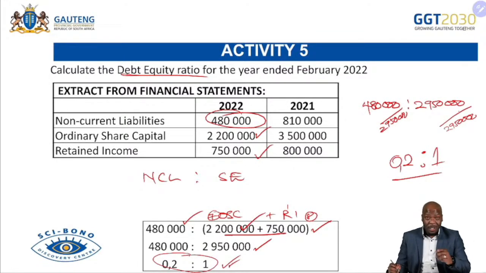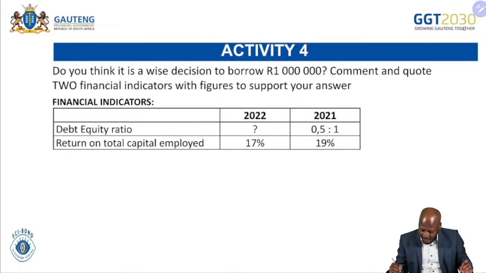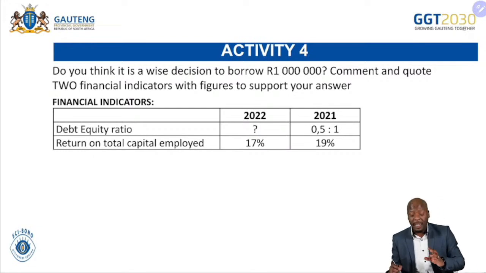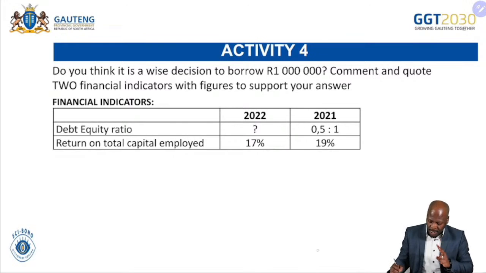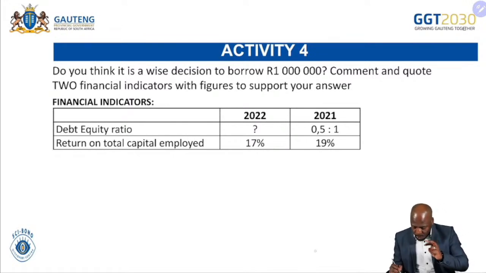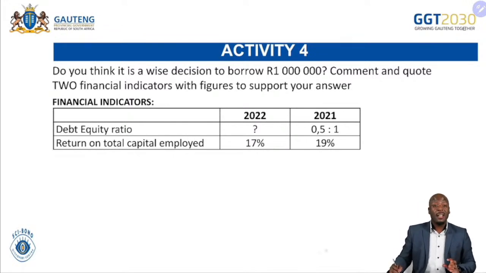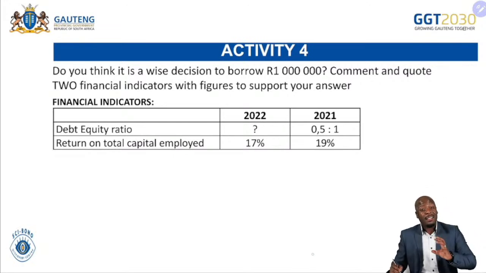Now, I want us to quickly move on to the next aspect because we are now behind time. Do you think it was a wise decision to borrow the 1 million? Comment and quote 2 financial indicators with figures to support your answer. Remember, guys, what the examiner is asking is what we must give if we're to make it.